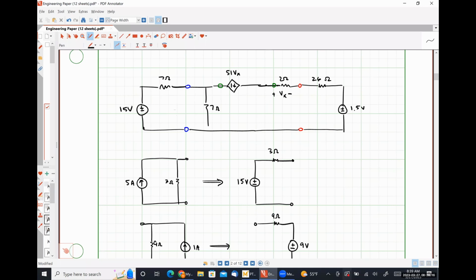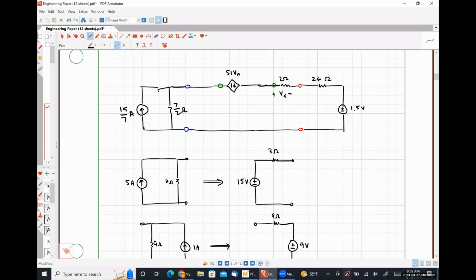So I converted my 15 volts in series with 7 ohms into 15 over 7 amps in parallel with 7 ohms, right? I then observed that my 7 ohm resistor was in parallel with another 7 ohm resistor, giving me 7/2 of an ohm of resistance.